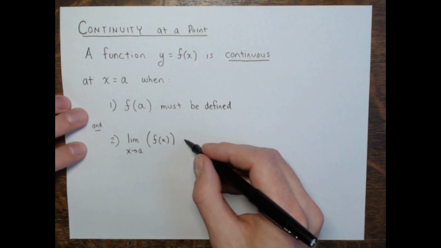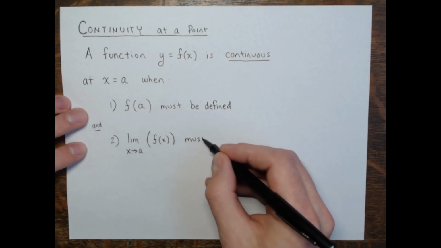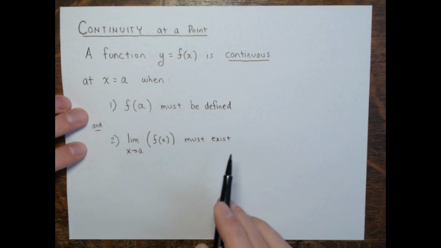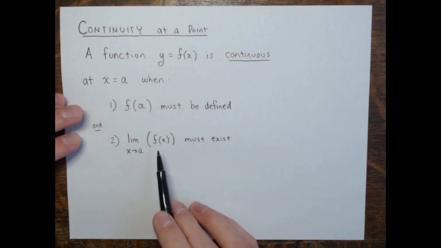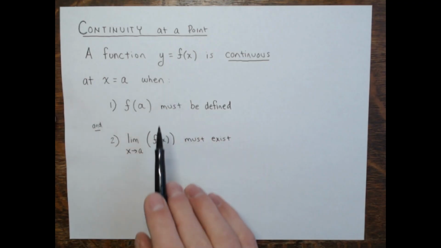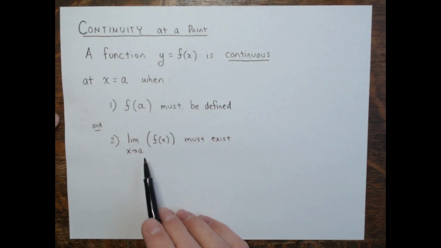This limit must exist as well. If this two-sided limit does not exist, or is infinite in some fashion, then we can't say a function is continuous at a.